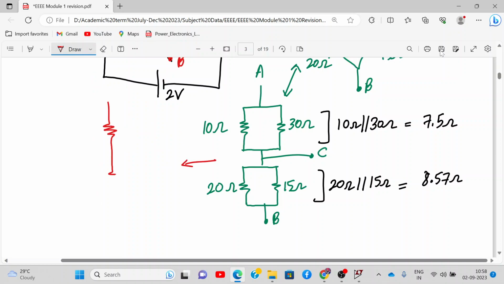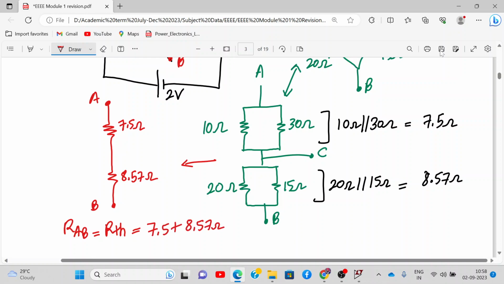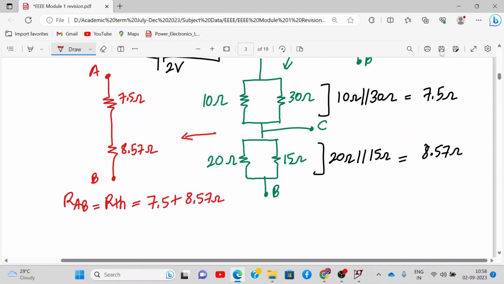This is A, this is B, this is 7.5 and this is 8.57. So what is RAB or RTH? 7.5 plus 8.57. So how much is it? It's actually 16.07. Just cross check.